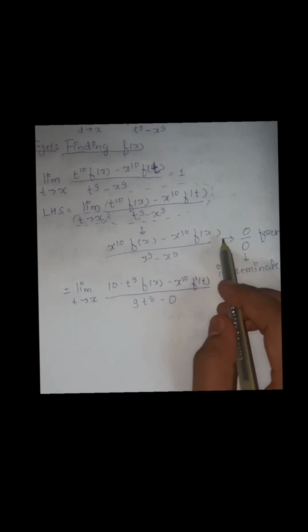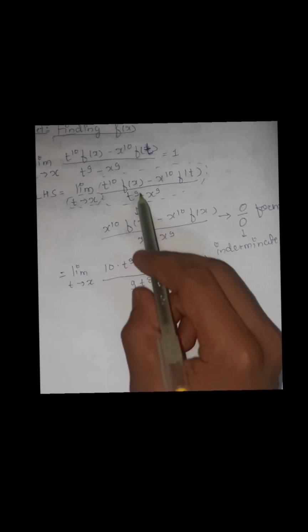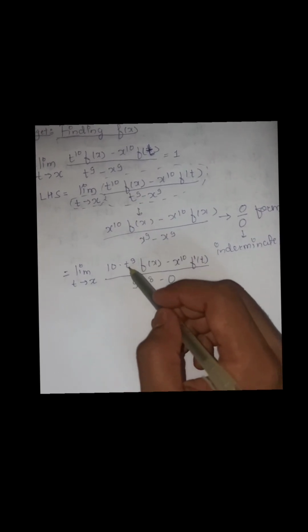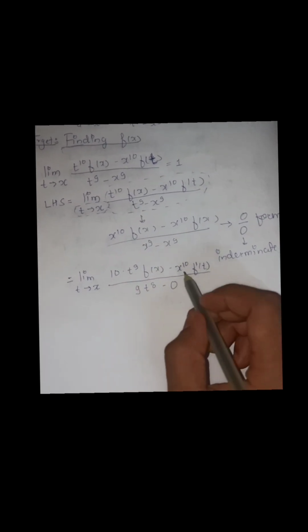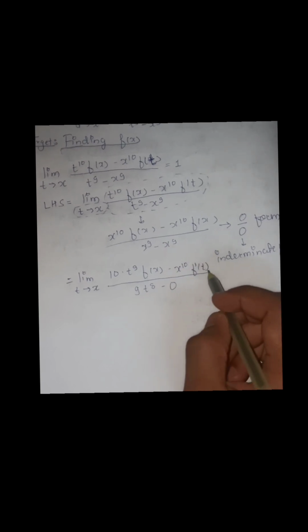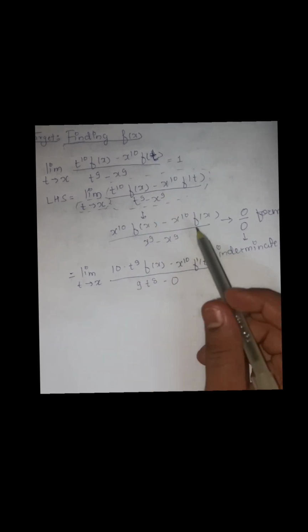So the differentiation was applied on the t term, and we got 10 times t to the power 9 f of x minus x to the power 10 f dash t upon 9 times t to the power 8, and because f of x is going to act like a constant term, the last term came out to be 0.